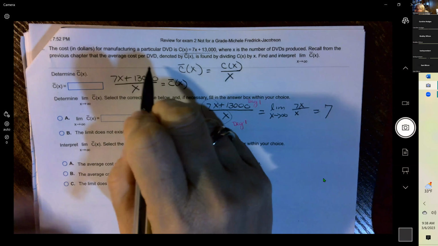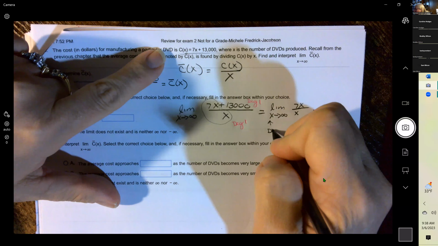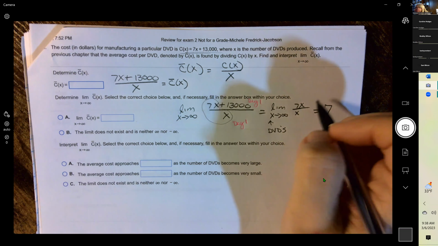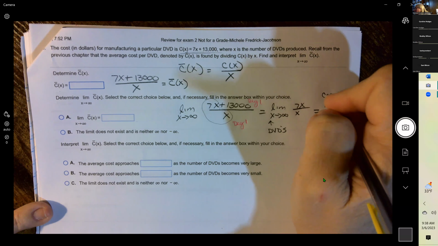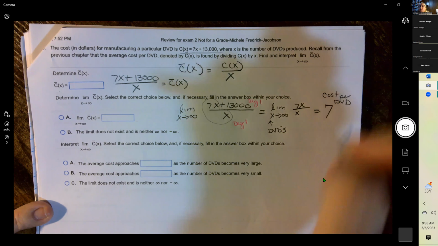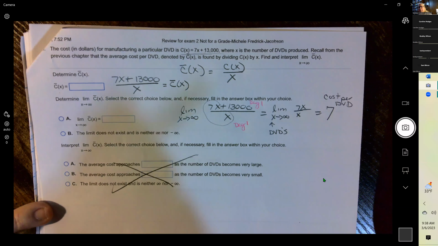X was DVDs. And this is average cost, so it's cost per DVD. I will not have this. You have to be able to explain it.